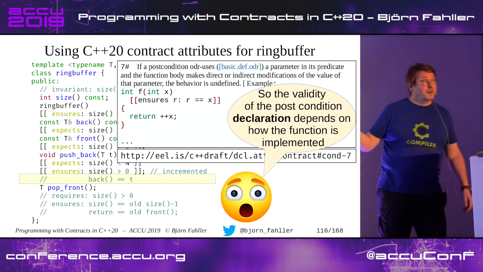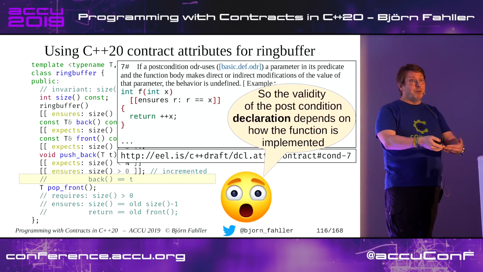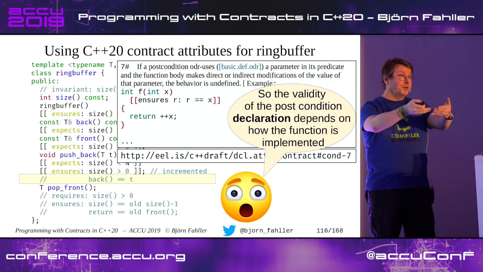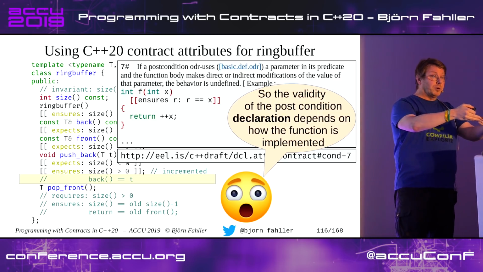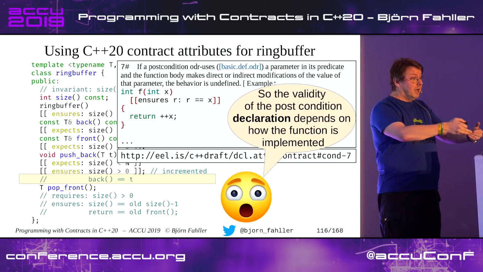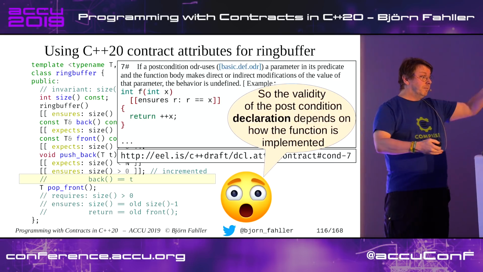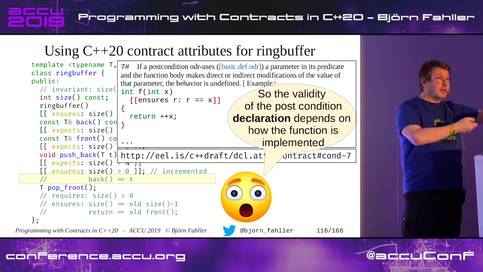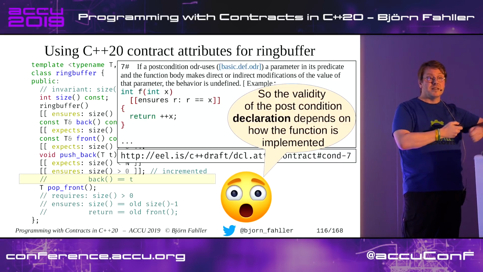I can understand perfectly well from a compiler implementation point of view why this is, because if t is a unique pointer, you can only move from it, and this means that the value that was the parameter does not have the same state anymore. You cannot compare them. It doesn't make sense.